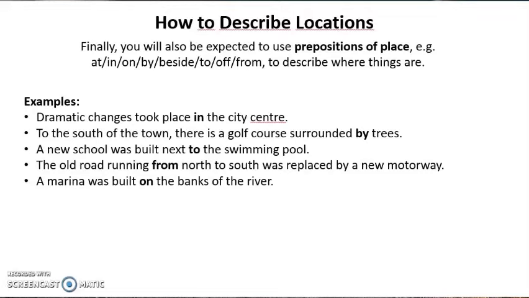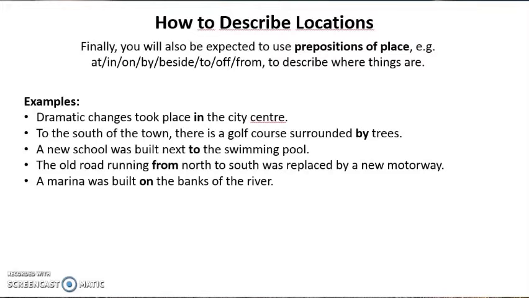To the south of the town, there's a golf course surrounded by trees. A new school was built next to the swimming pool. The old road running from north to south was replaced by a new motorway. A marina was built on the banks of the river.